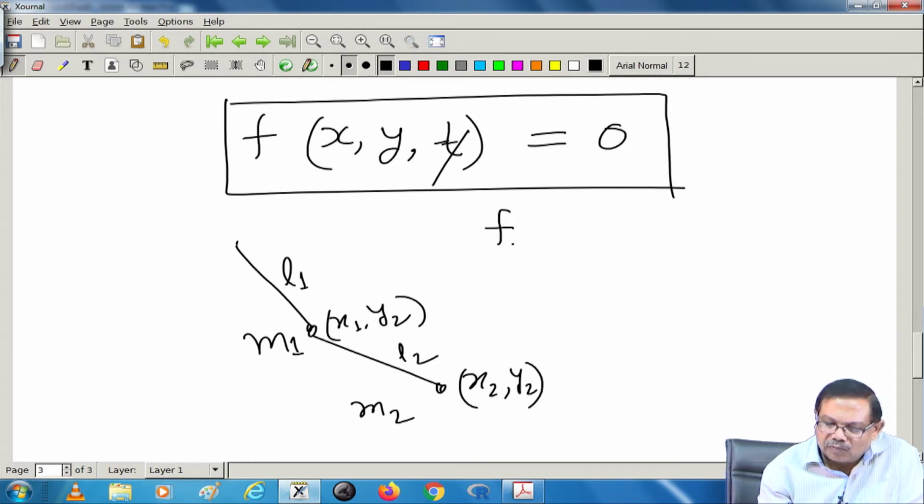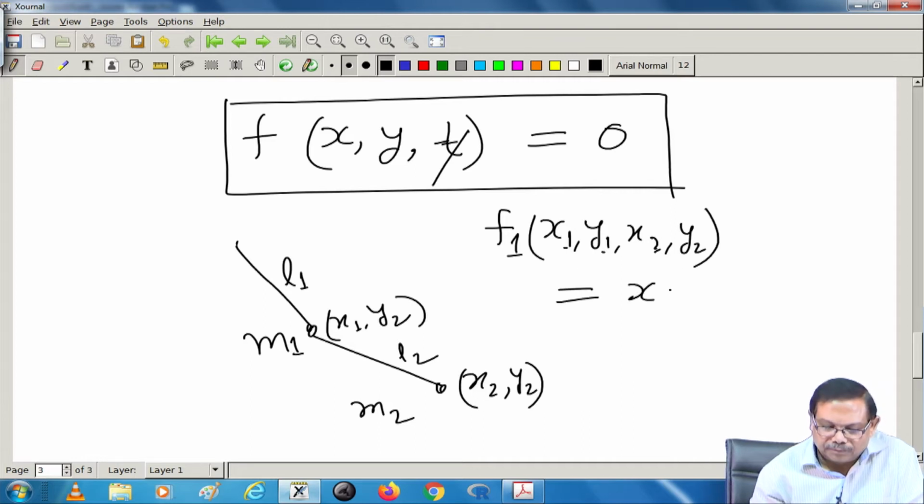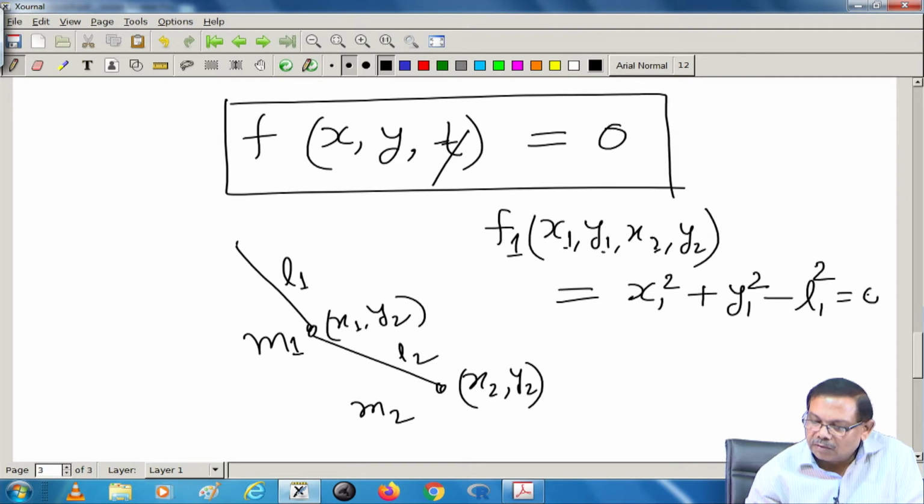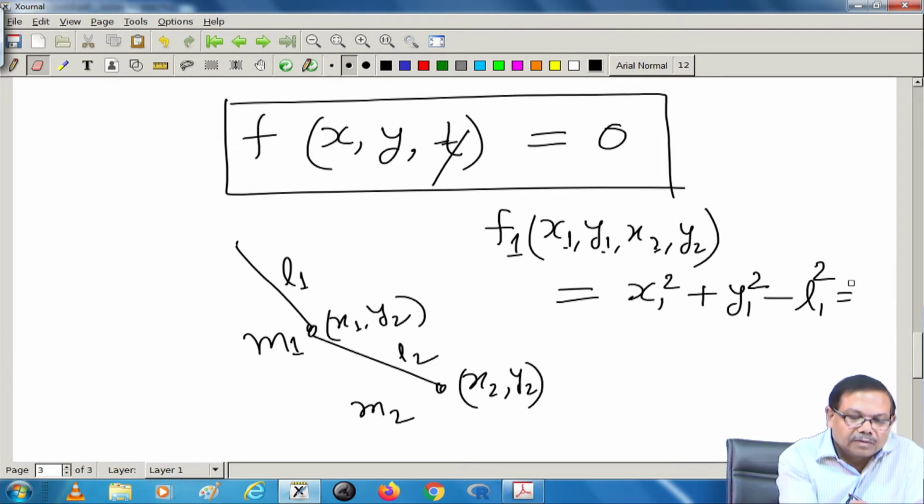So, I have the first constraint equation, which in general should be a function of all coordinates etcetera, but here it is x1 square plus y1 square minus L1 square, that is equal to 0. So, that is my first constraint equation.